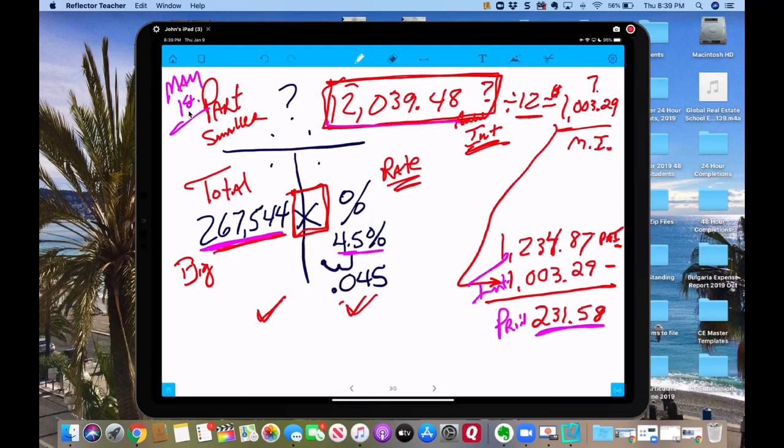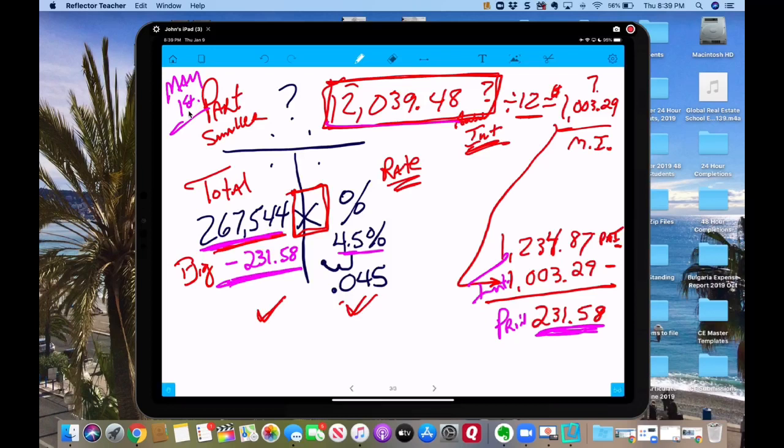So what do we do with this $231.58? We need to subtract it from the loan balance because you don't want to pay principal on this amount the second time.